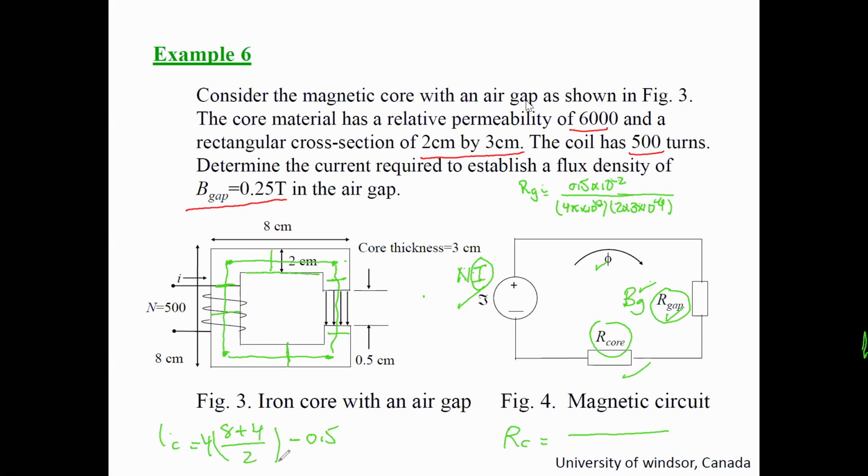Because the gap is 0.5. Yes, we need to exclude the gap from the average length of the right side. On this one, if we don't have an air gap, it's the same as the other 4 legs. That's why I multiplied by 4 here. But since we have an air gap, we just need to remove this air gap length from the length of this leg. That's why I subtracted 0.5. Is it clear for everyone?